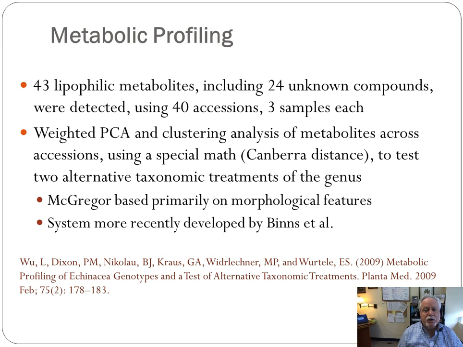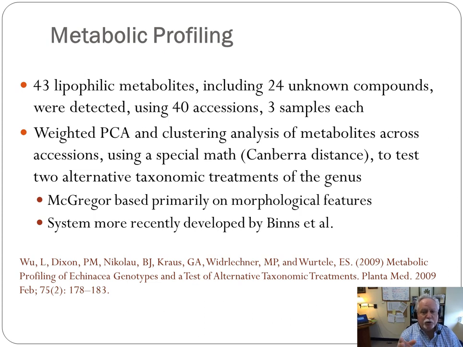And they took 3 samples of each, and they measured all these metabolites, and they used some statistics, weighted PCA and clustering, which is a way of making sense of the distribution of those compounds in all these different plants.